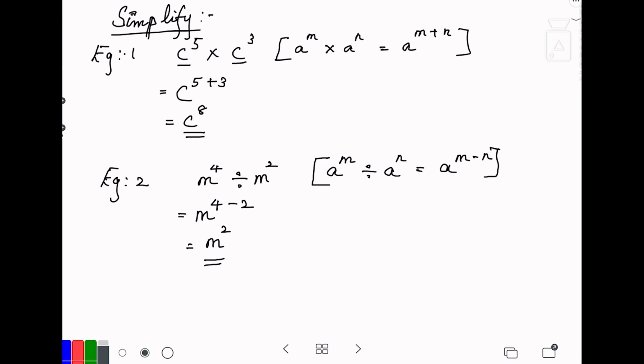Now let's go to the next level of solving questions based on the same concept. Again, it is coming under simplify. I am going to take another set of questions. Let us take it as example number 3.